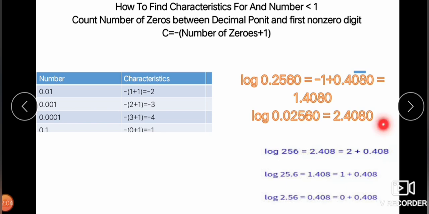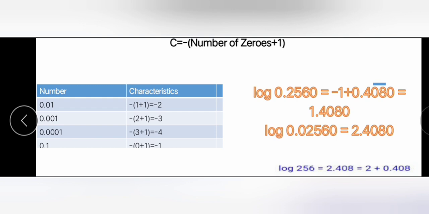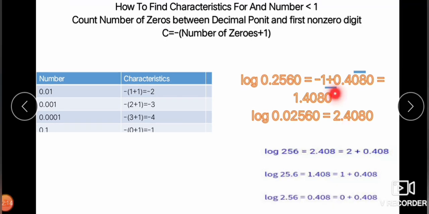And log of 0.02560 is equal to, characteristics here is minus 2. So it is represented by bar on 2. This bar is on 2, this bar is on 1. Bar means negative, minus characteristics. Point for row 25 in 60 value is 4080.